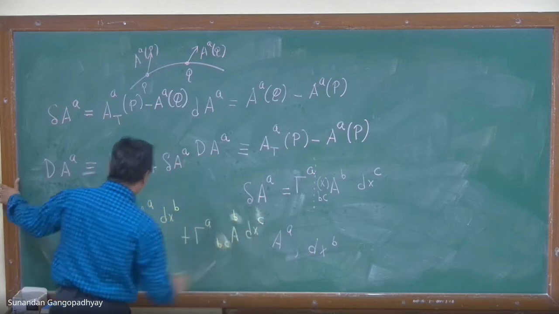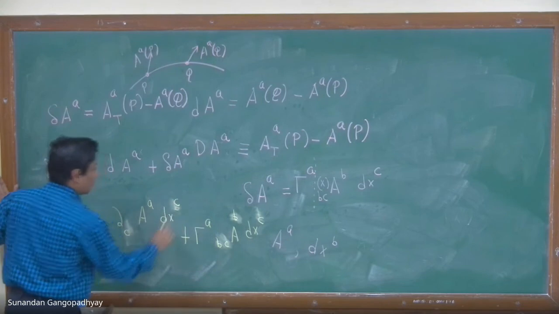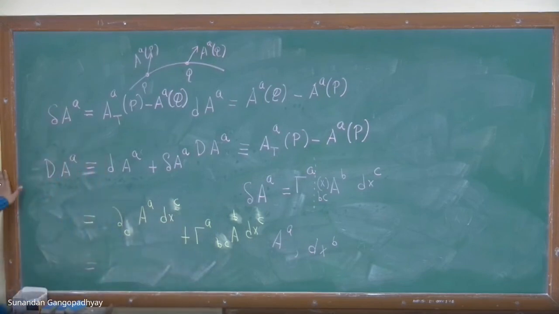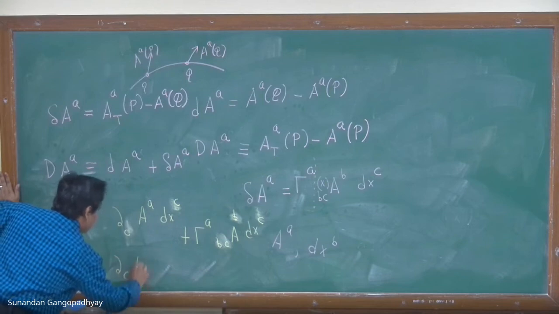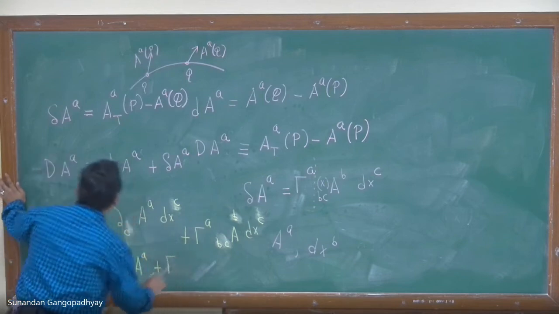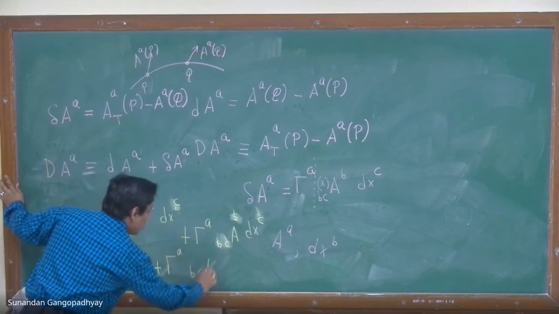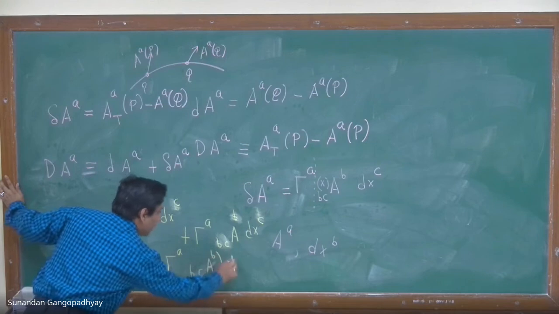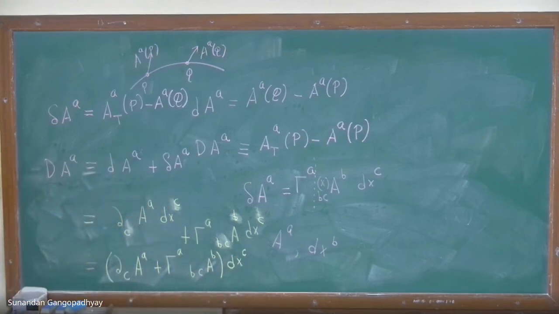You can change this C, because these are dummy indices, and therefore you can write this as del C A plus gamma ABC A B B C. Okay. So you have this quantity.